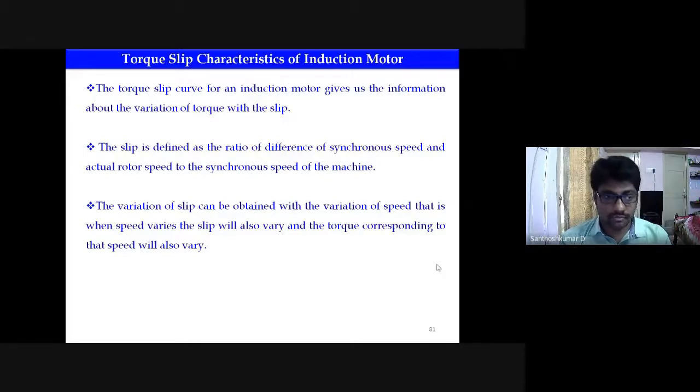That is, when the speed varies, the slip will also vary, and the torque corresponding to the speed will also vary. In between slip and torque, the one parameter relating both is speed, because slip depends upon the rotor speed.